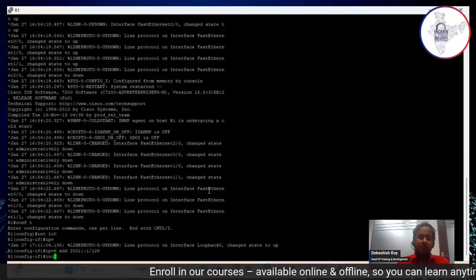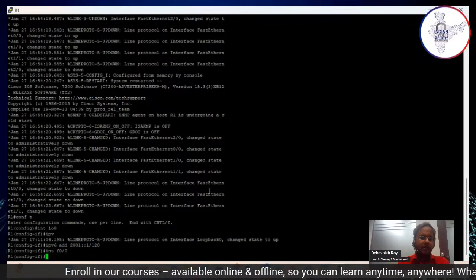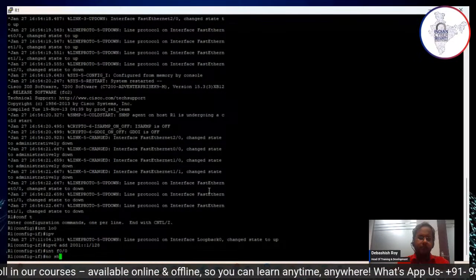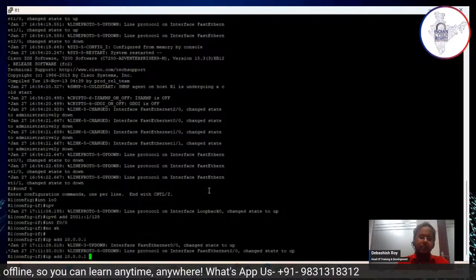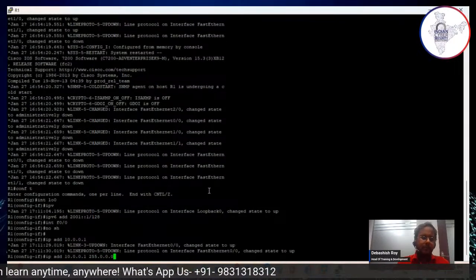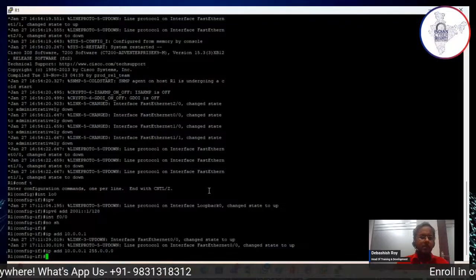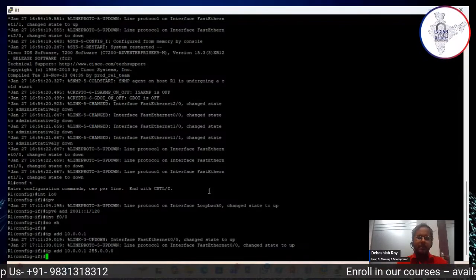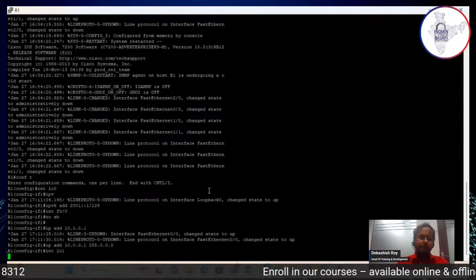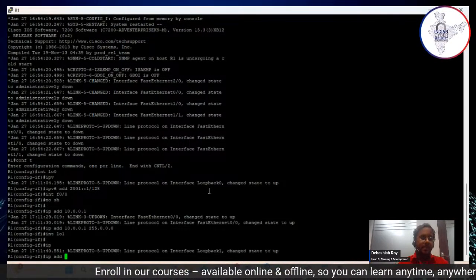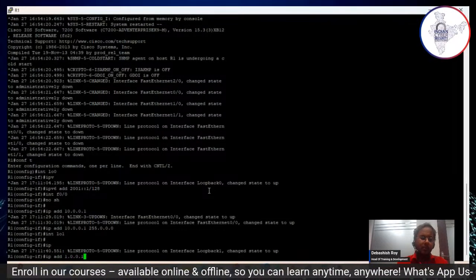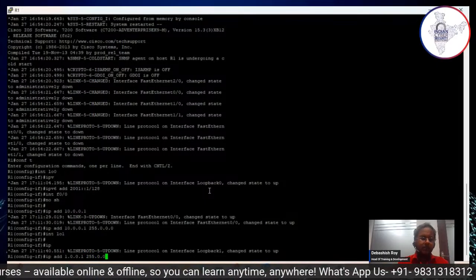Interface F0/0, the physical port, no shutdown. IP address is 10.0.0.1, suppose, and 255.0.0.0. And also you can create another loopback 1, and here you give the IPv4 address, the dual stack I'm talking about, 1.0.0.1 with 255.0.0.0.